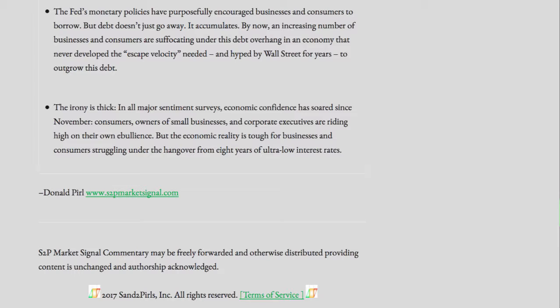In all major sentiment surveys, economic confidence has soared since November. Consumers, owners of small businesses, and corporate executives are riding high on their own ebullience. But the economic reality is tough for businesses and consumers struggling under the hangover from 8 years of ultra-low interest rates.